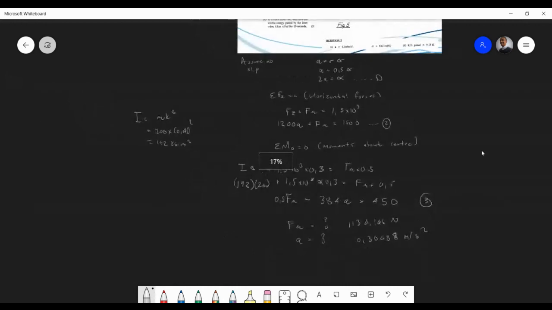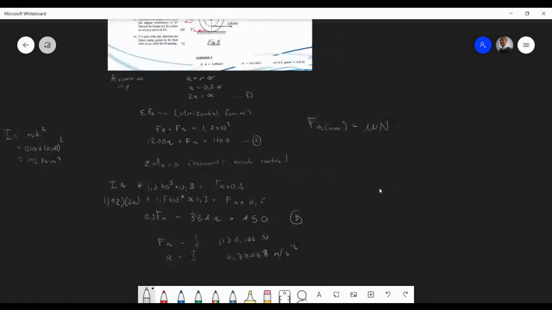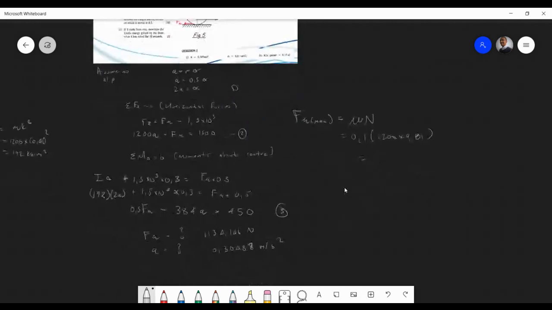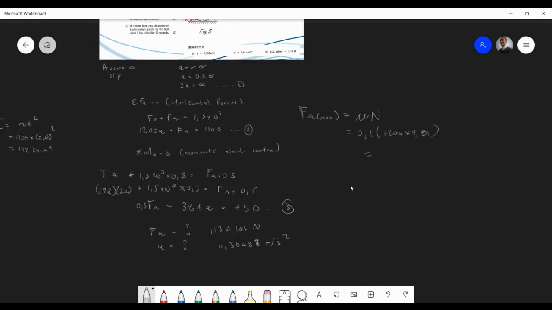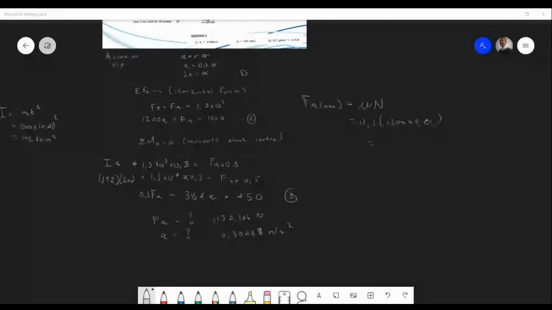So my question is, what do we do now? We have to find F mu max, Mr. Mzam, and F mu max is mu times N. Can someone get me that value as well? So mu is 0.1. Of course, our normal force will be equal to the weight in this particular case, which is 1,200 times 9.81. What is the answer? I want to hear whether it is rolling or slipping from you guys.